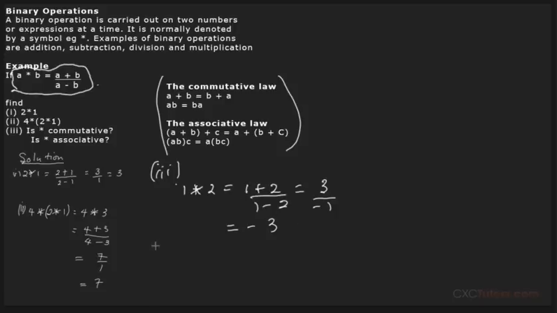So to conclude, we make a statement that since 2 star 1 is not equal to 1 star 2, then star is not commutative.